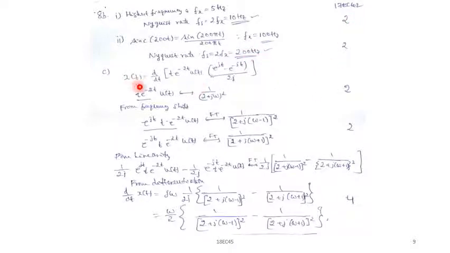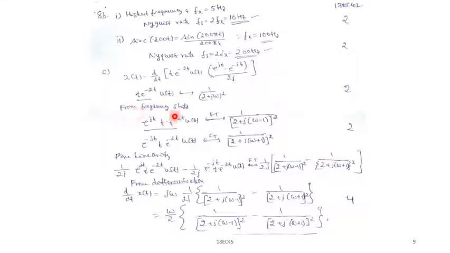And the third question is x of t is equal to d by dt of t into e to the power minus 2t u of t, times e to the power jt minus e to the power minus jt divided by 2j. First you find the Fourier transform of this: t into e to the power minus 2t into u of t is given by 1 by (2 plus j omega) whole square.